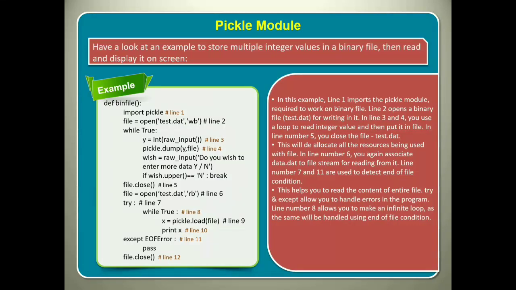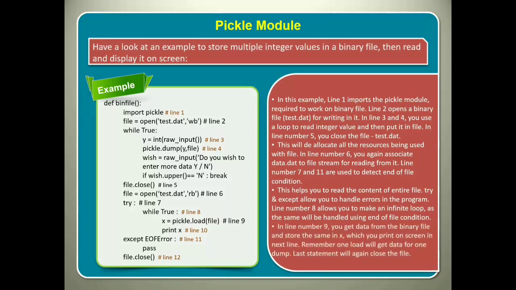Line number 8 allows you to make an infinite loop, as the same will be handled using the end of file condition. In line number 9, you get data from the binary file and store the same in x, which you print on screen in the next line. Remember, one load will get data for one dump. The last statement will again close the file.